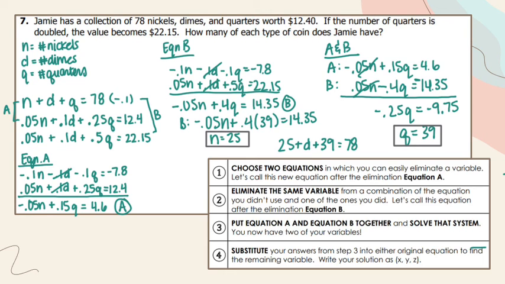So that means that d has to equal 14. So the number of nickels is 25. The number of dimes is 14. The number of quarters is 39. And we have our answer.